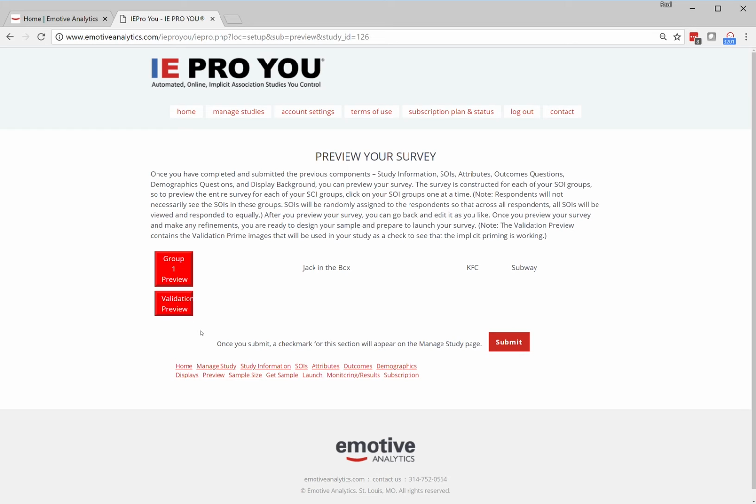So at the back end, when we see these data, we want to make sure that we're getting what we should be getting for the implicit and explicit responses or their associations. And when we get that, we know that the surveys that use the actual SOIs that you as a client input are getting valid data. So that's what the validation preview is all about.